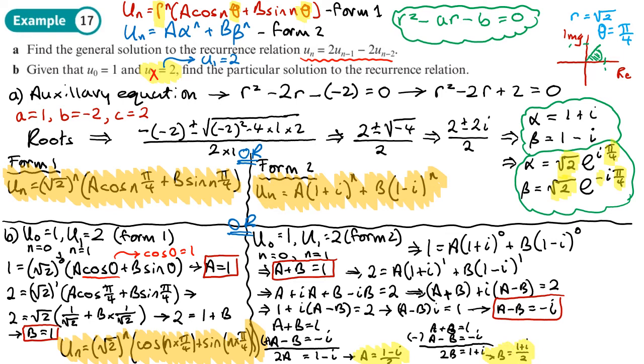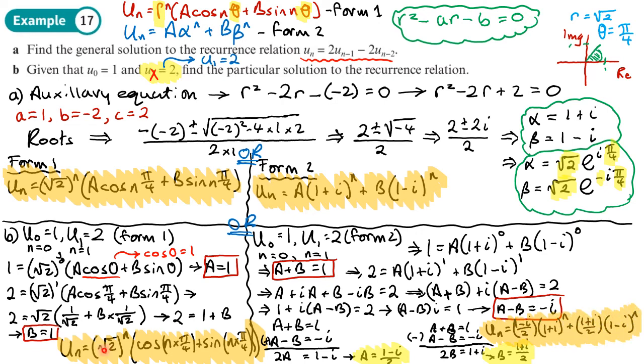So final particular solution, un equals a, which is 1 minus i over 2, times by 1 plus i to the n, plus b, which is 1 plus i over 2, times by 1 minus i to the n. So there is our particular solution if we give it in that form.